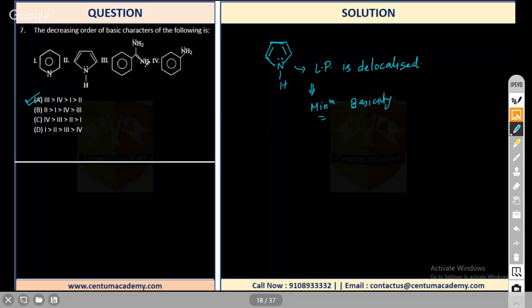But if we compare one and fourth, right, here it is aniline and here it is pyridine. Okay, so this lone pair is again there in the p orbital perpendicular to this. But this lone pair in aniline, you see this, and we have pyridine.